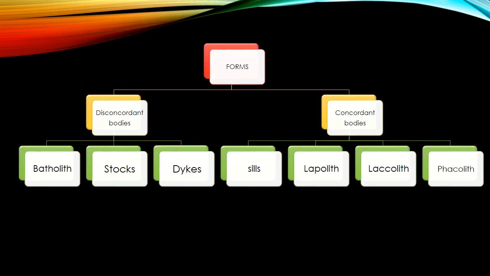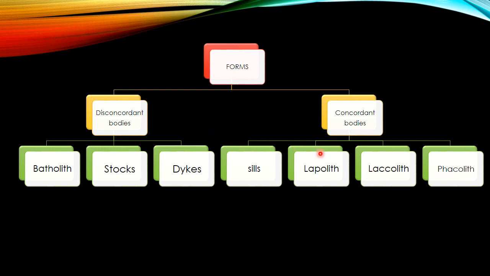This is a flow chart or a flow diagram in which we have discussed the two types of intrusive igneous bodies. This is discordant bodies and this is concordant bodies. The examples of discordant bodies are batholith, stocks and dikes, whereas the examples of concordant bodies are sills, lopolith, laccolith and phacolith.